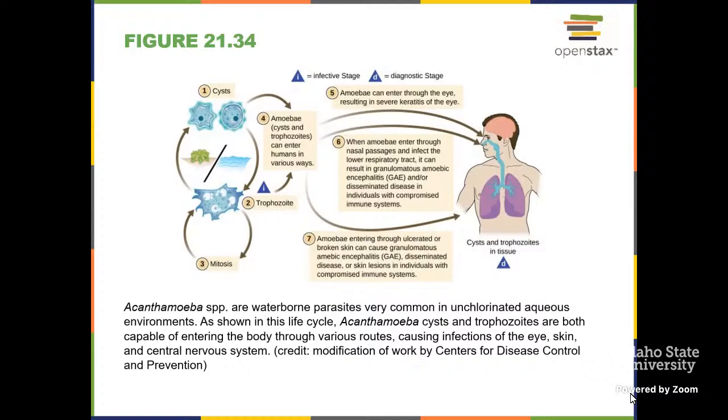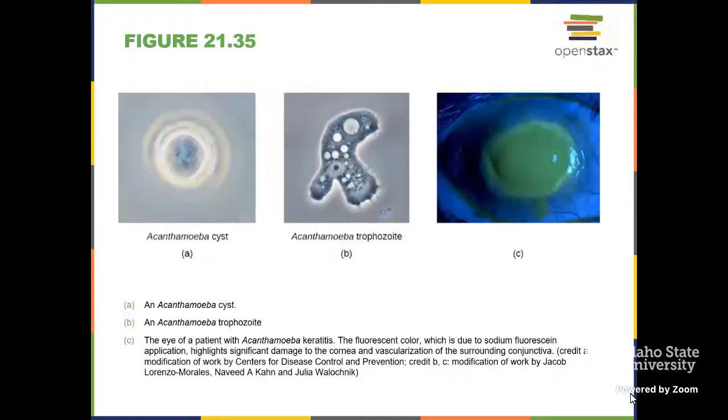that may be inoculated into you. So this shows more than just the eye involvement, because we're looking at an image from the CDC that shows multiple things going on, all right? But there are potentials for the eye involvement. There are other issues that we could think about with meningitis or other problems. So here we can see the cyst stage of our amoeba, and then the vegetative or trophozoite stage.